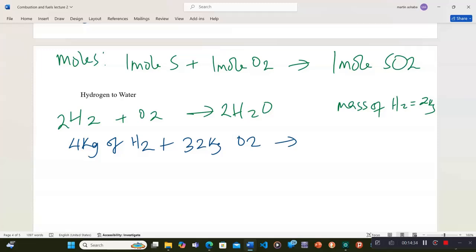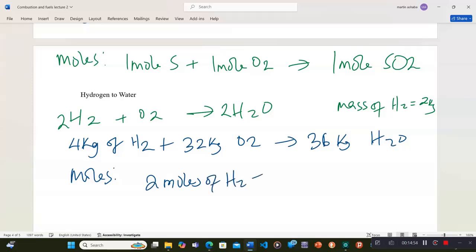So 18 times 2 will get 36 kilograms of water. If we talk about it in terms of moles, then we have 2 moles of hydrogen reacting with 1 mole of oxygen, giving you 2 moles of water.